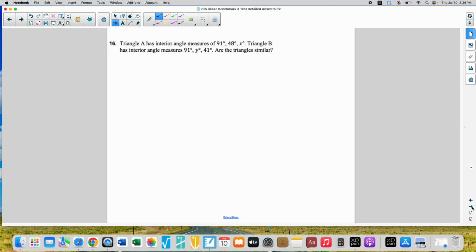Triangle A has interior angle measures of 91, 48, and x. Triangle B has interior angles of 91, y, and 41. Are the triangles similar?